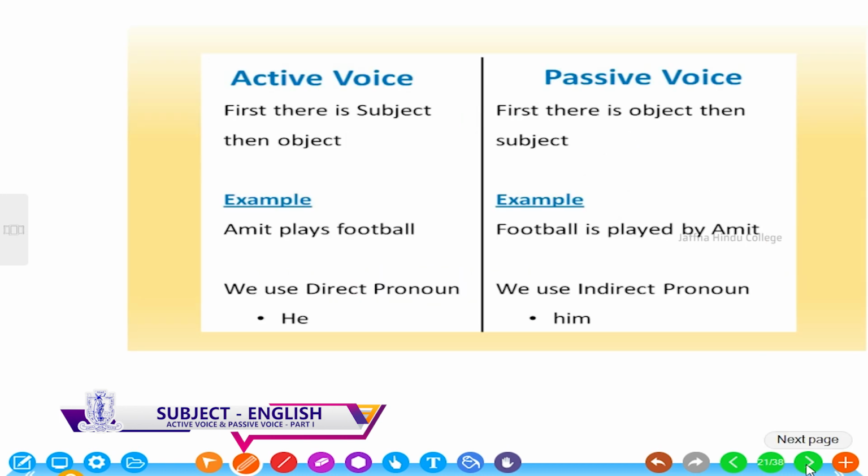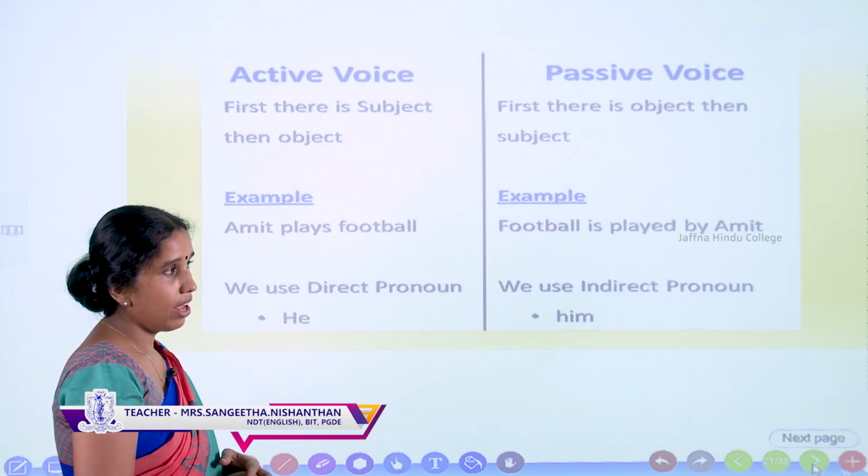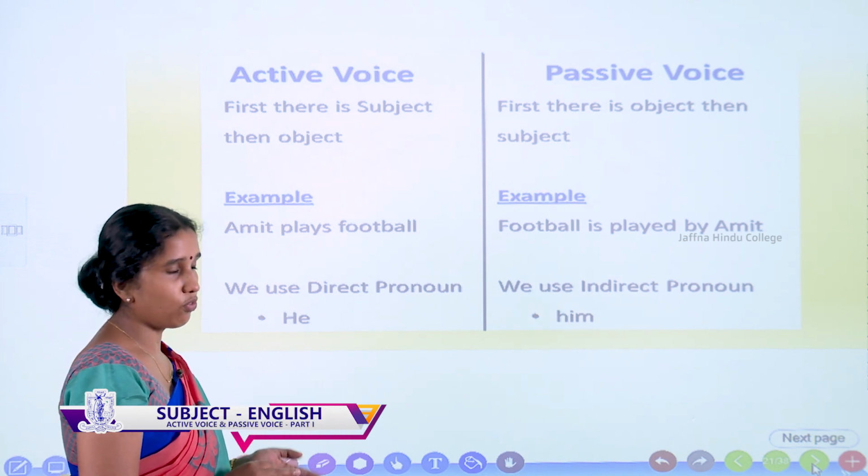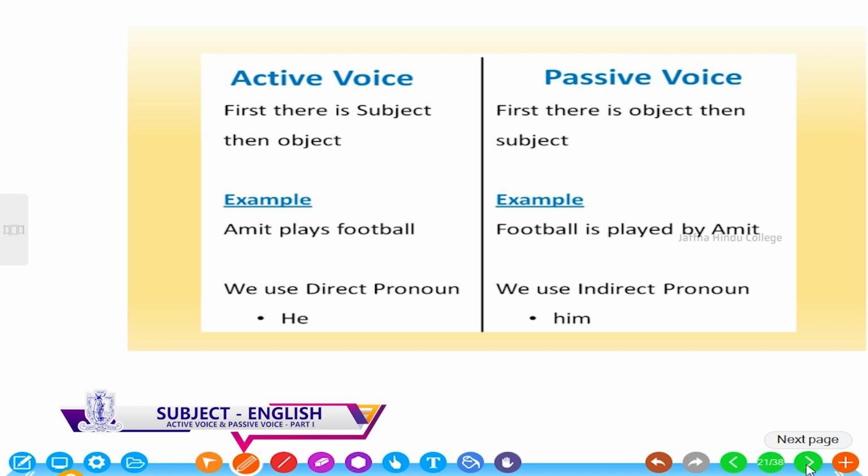In active voice, first there is subject and then object, and in passive voice, the object comes before and the subject follows after. Example, Amit plays football. Who? Amit, this is the subject. What does Amit do? The verb, plays, and what does he play is football. This is the object.